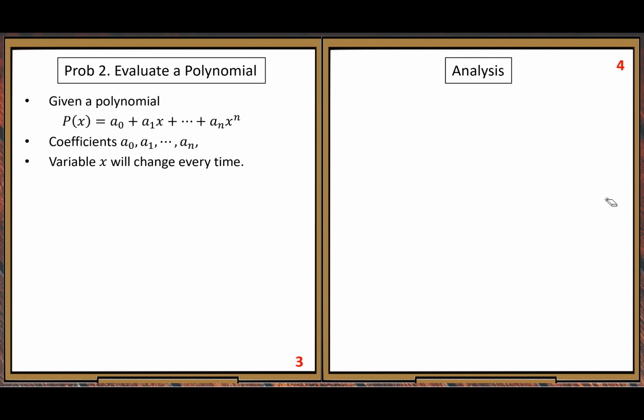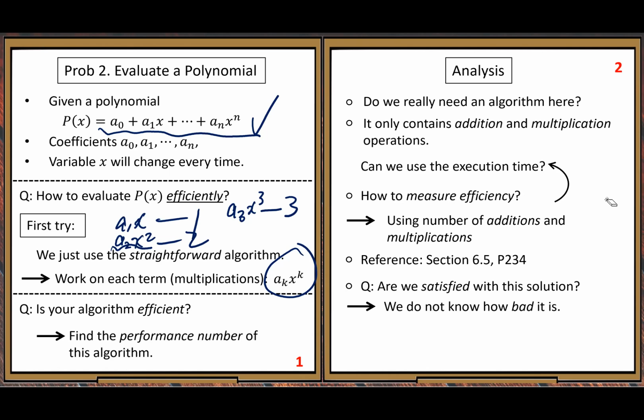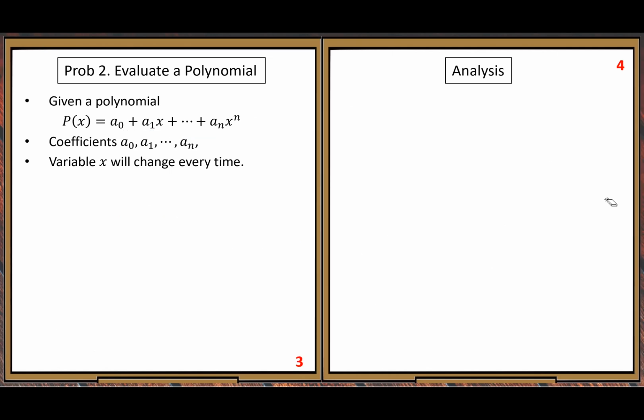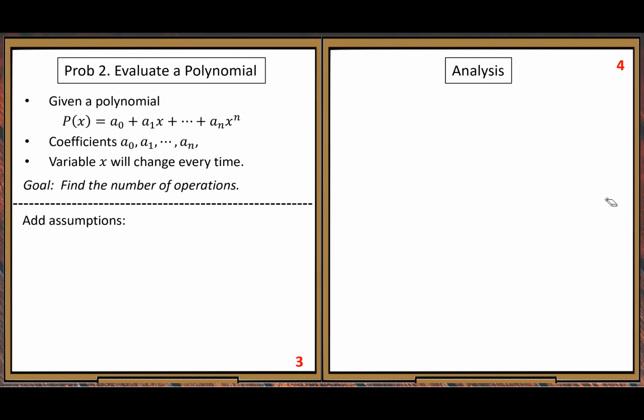One side 100 additions, the other side 45 multiplications. Which one is faster? How do you know? Think about that. So we need to find some equalities between those two different operations. So let's do that first.